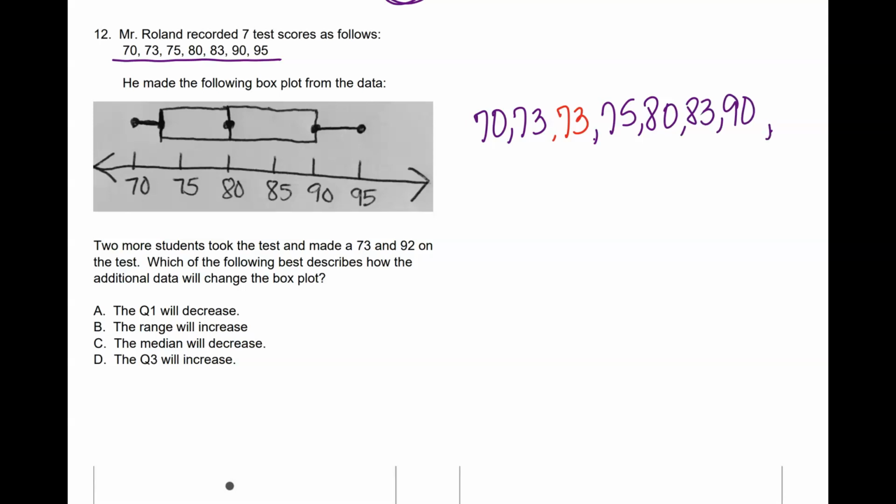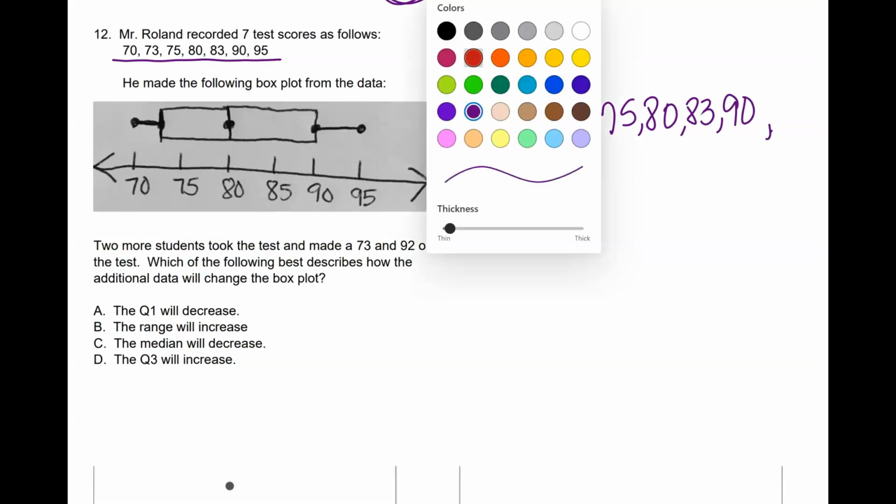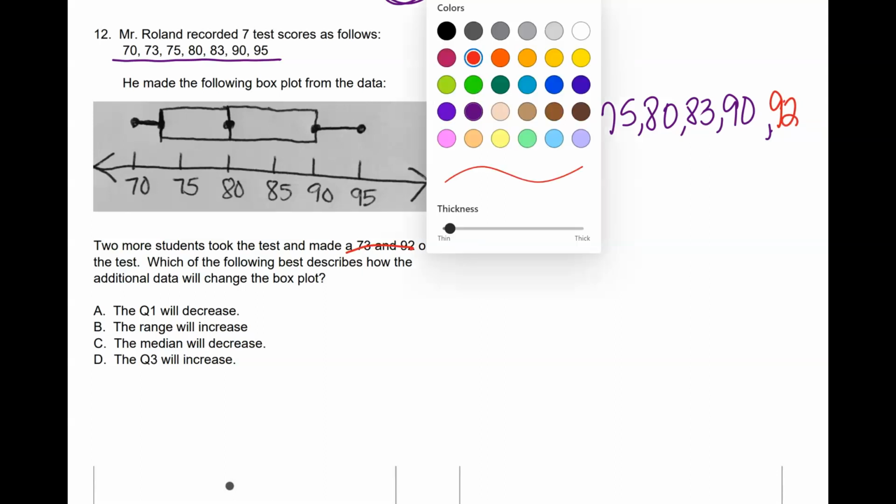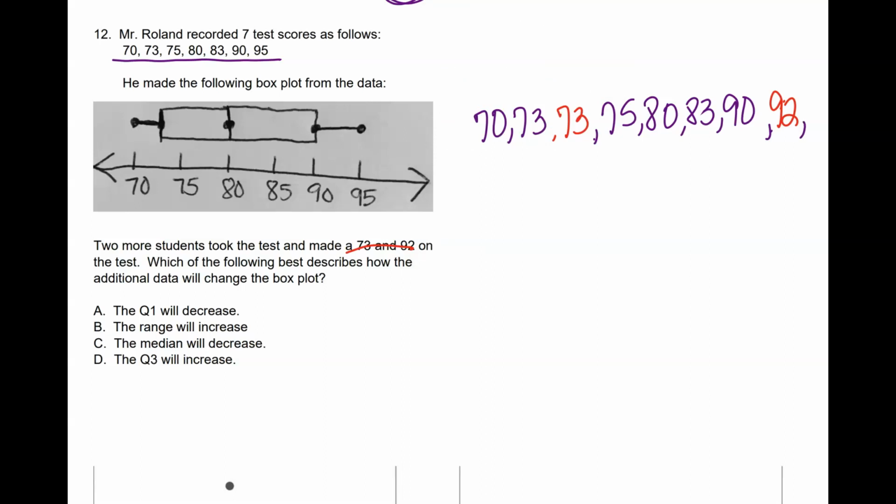All right, I have to add in the other score of 92. Okay, and let's get our last test score on there, which is 95. Okay, so 2 more students took the test and made a 73 and 92. So I have represented that in our data.